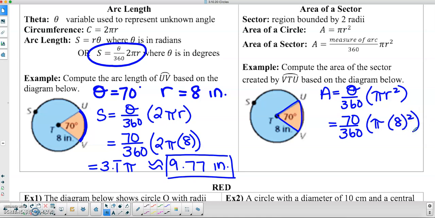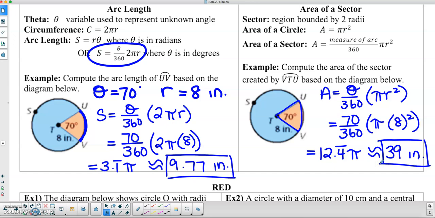Remember, if you're talking about in terms of pi, you do not want to multiply out the pi. So if you do 70 divided by 360 times 8 squared, that's going to give you 12.4 repeating, and then keep your pi. If they want you to multiply it out, this would be roughly 39 square inches once everything gets multiplied out.